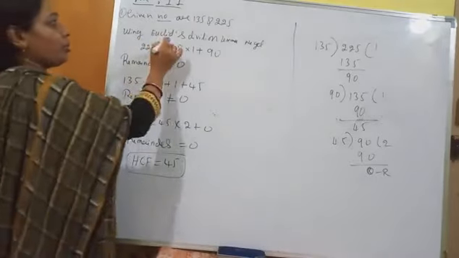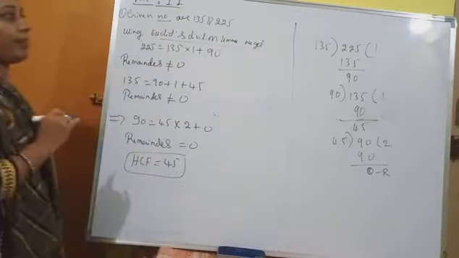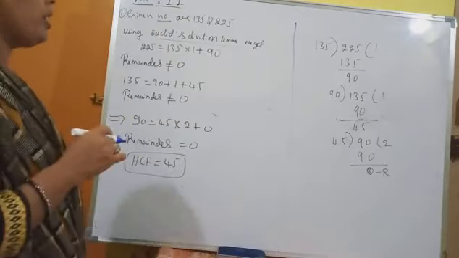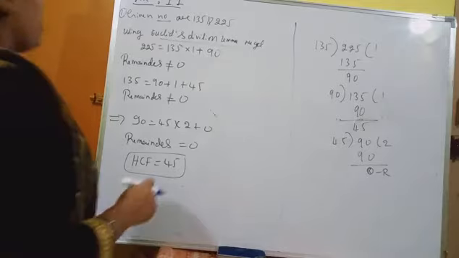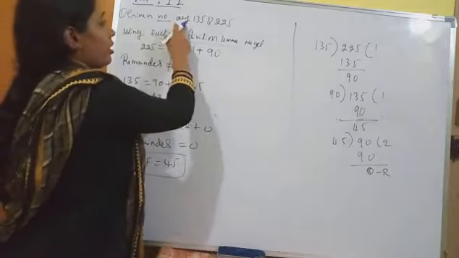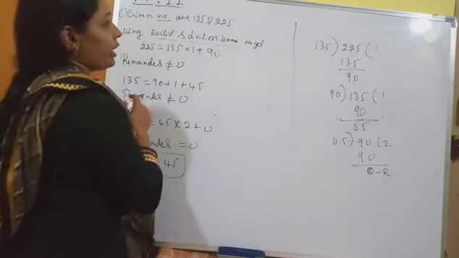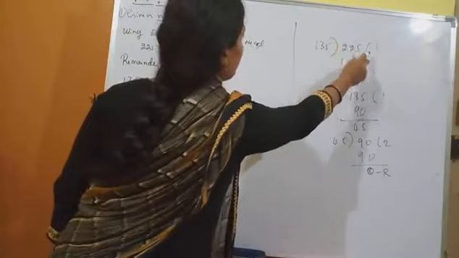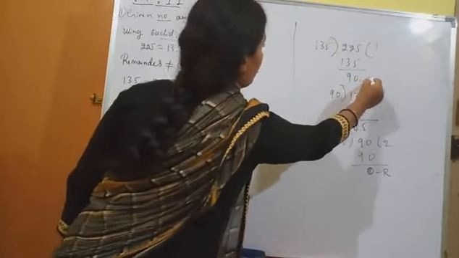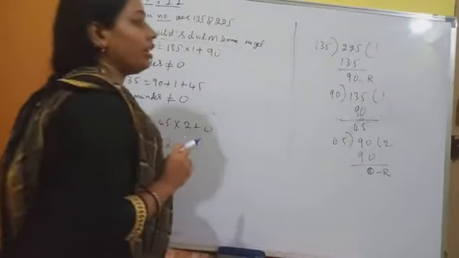Now we can use Euclid's division lemma. The two given numbers are 135 and 225. 225 is divided by 135. 135 ones are 135. The remainder here is 90.